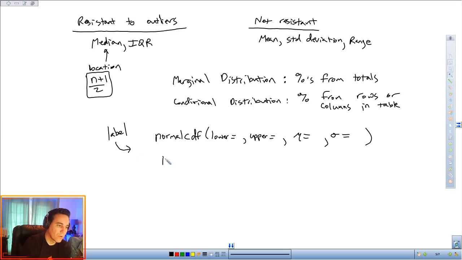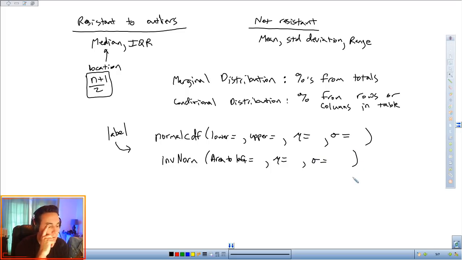Remember, inverse norm is when you're going backwards and you label the area. Oh, I've forgotten, hold on. Inverse norm, I gotta look. It's been a long time since I hit inverse norm. You put the area to the left, unless you have the new calculator, and then you put in your mean and your standard deviation.